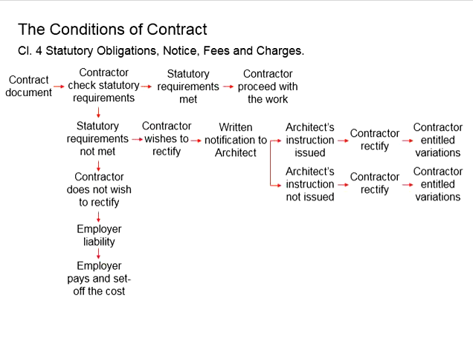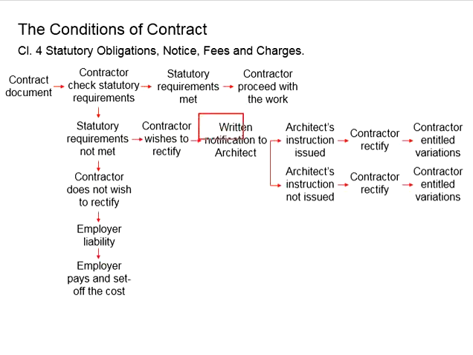Clause 4 provides the scenarios of all the possible responses of the contractor, whether the contractor or the employer side would comply with the statutory requirements. But we know that we cannot violate the statutory requirements, so theoretically the contractor will need to rectify it.